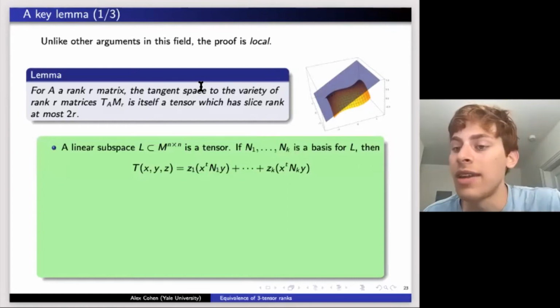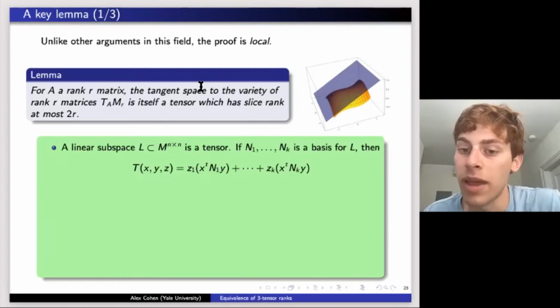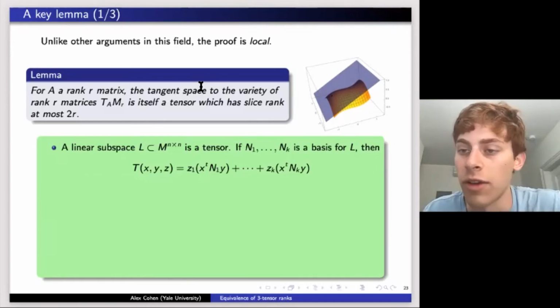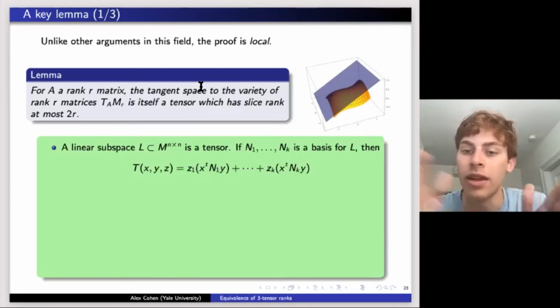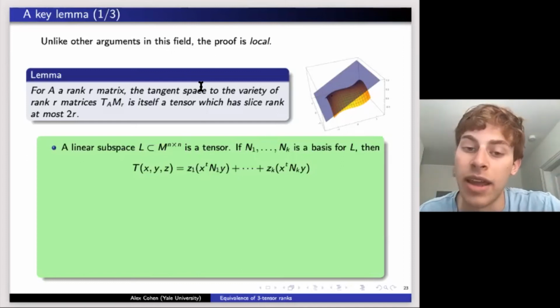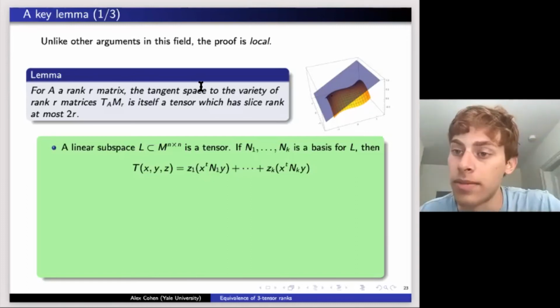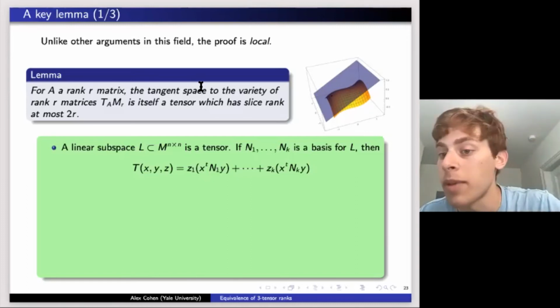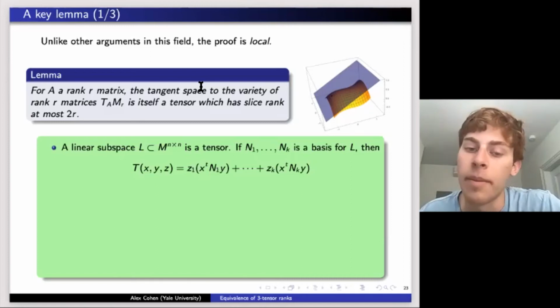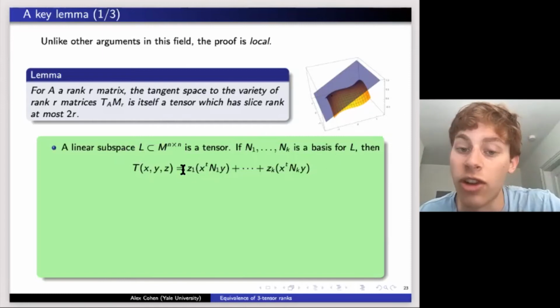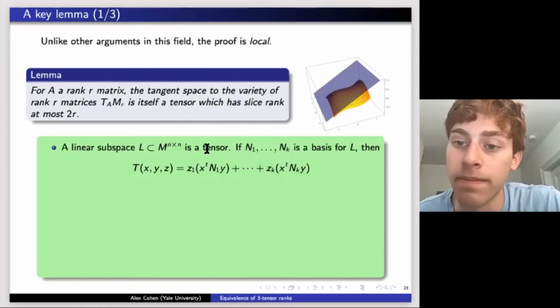We take a basis for that linear subspace, which is just some finite number of matrices. If it's a k-dimensional linear subspace, then we get k matrices from taking a basis, and we make those k matrices the slices of our tensor. So we can turn a linear subspace of matrices into a tensor by taking matrix slices. This is just the explicit formula for the trilinear form we get by doing that.